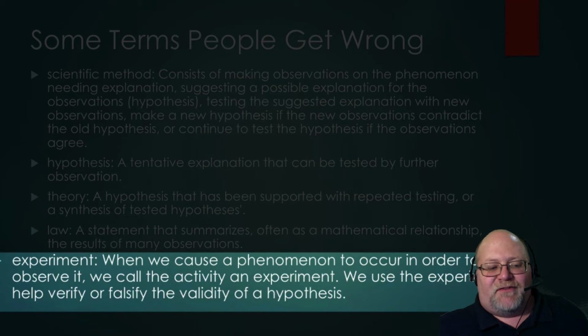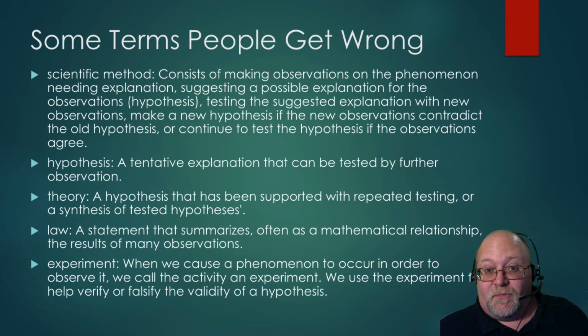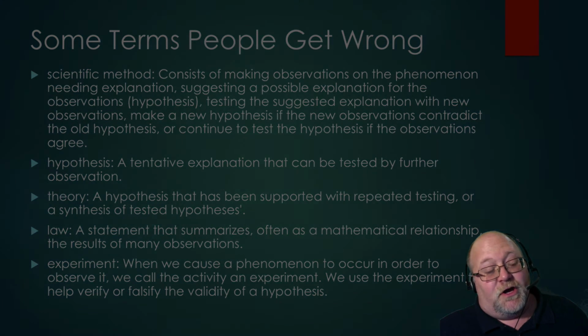And then of course you have an experiment, and an experiment is something that you test. In order for something to be scientific, it must be testable. So here's a great question for you. Which of these is a scientific hypothesis? Let me come up with a few. One, we will never step foot on the moon.